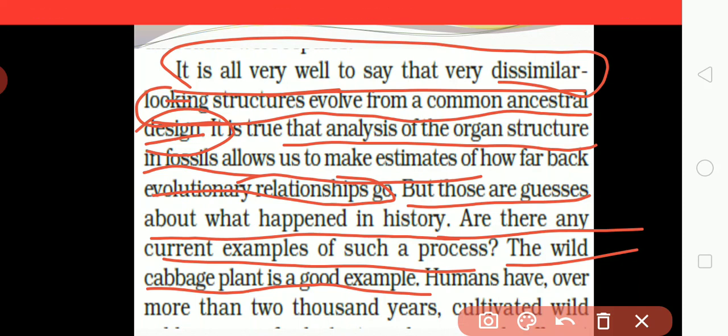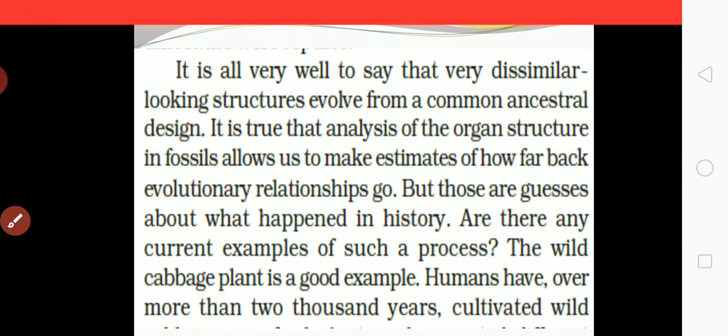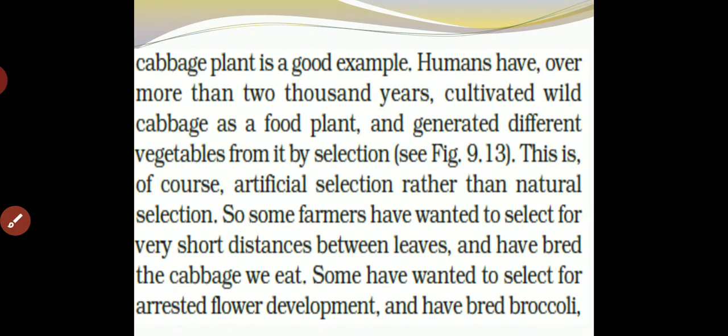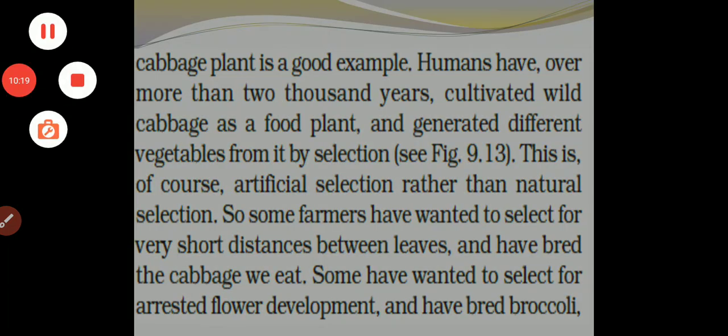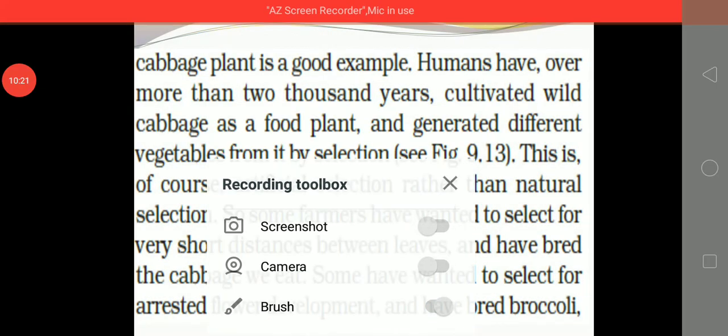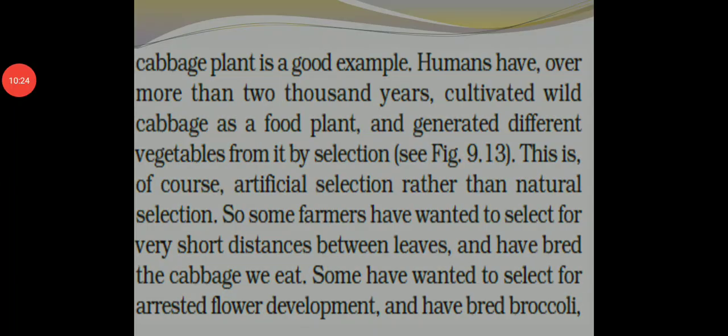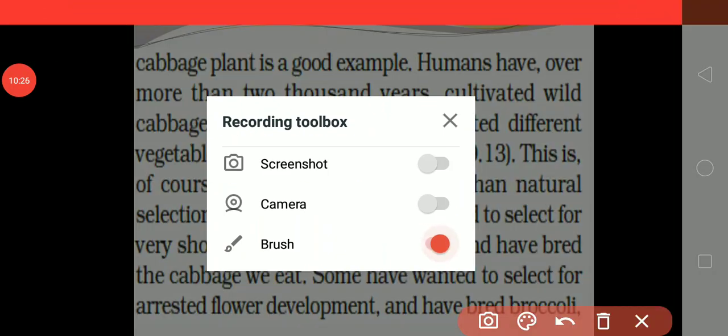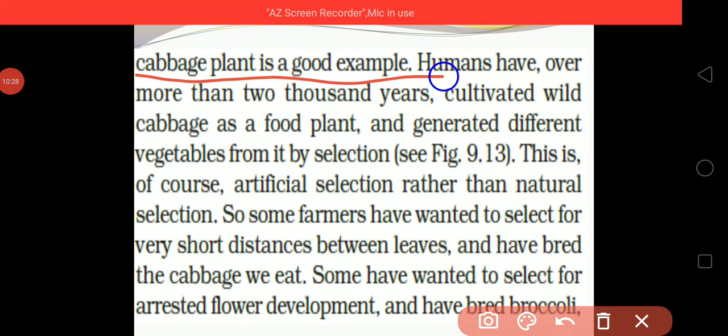Humans have, for more than 2000 years, cultivated wild cabbage as a food plant.